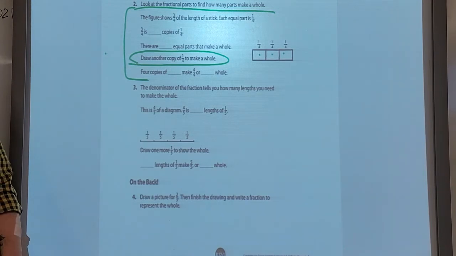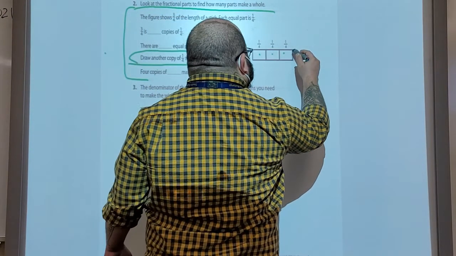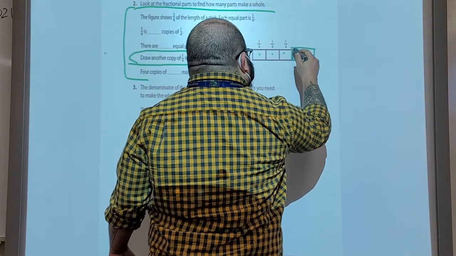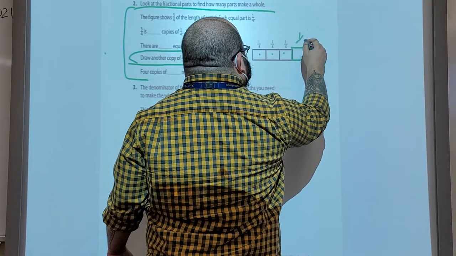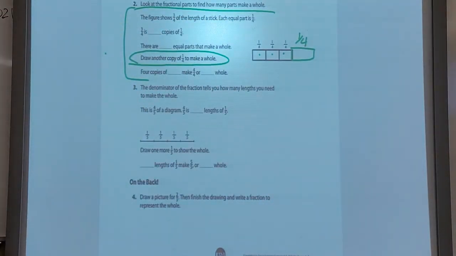Now, if you guys had read the whole thing and you saw that, would that have made your lives a lot easier? Yeah. It would have, because then you would have remembered that the denominator means that there should be 4 parts. If there's a 4 on the bottom, that means there are 4 parts. Okay?